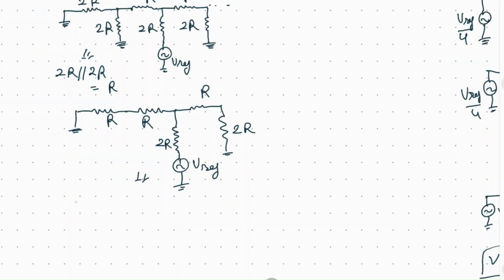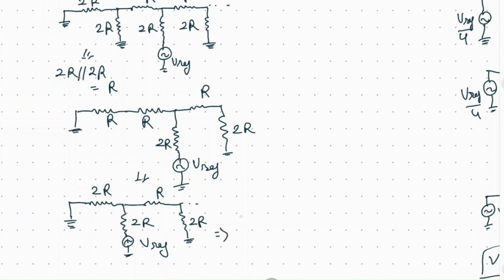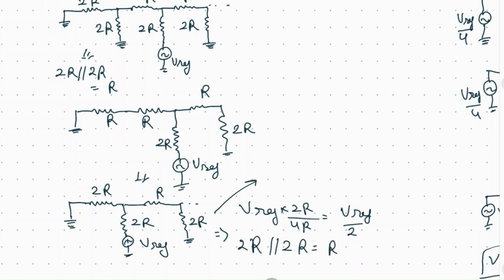Now again we can solve using the Thevenin equivalent circuit that we have done previously. This time the voltage will be V reference multiplied by 2R upon 4R, which will be V reference by 2, and the equivalent resistance will be 2R in parallel with 2R, which again comes out to be R. So the equivalent circuit has the voltage supply V reference by 2, and 2R and again 2R.